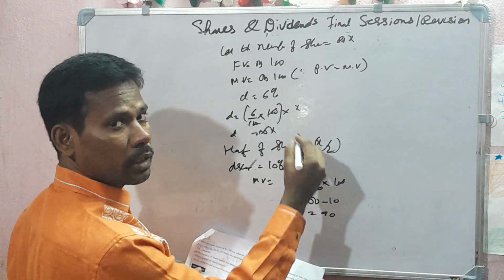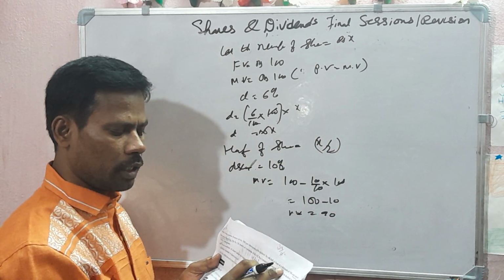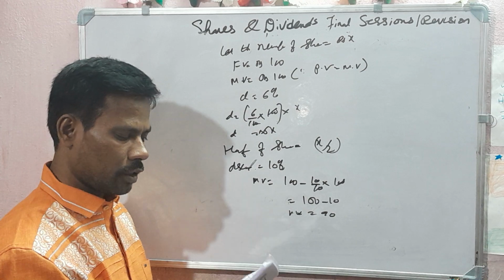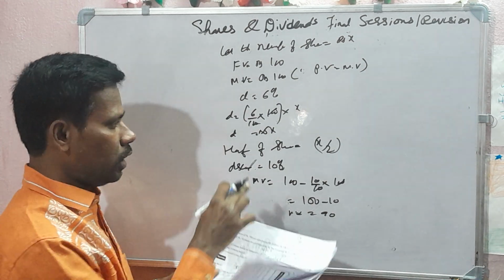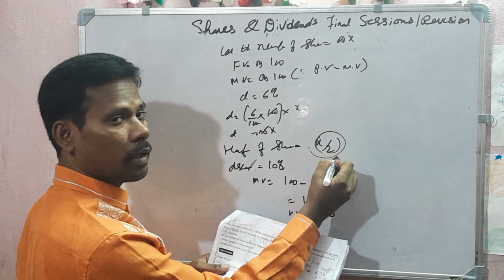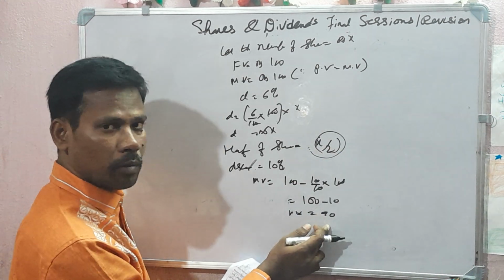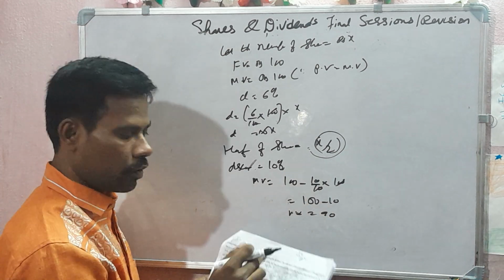Because he used the words he sells half of these shares at a discount of 10%, the number of shares sold is clearly x by 2, and discount 10% means the market value is 90.